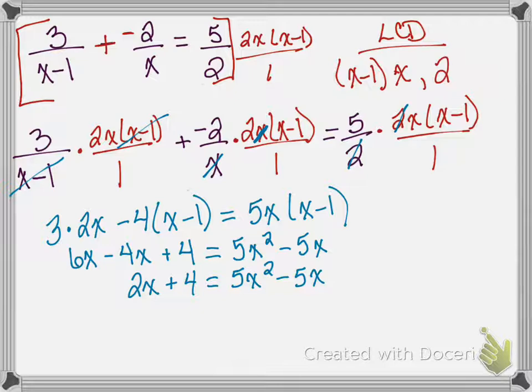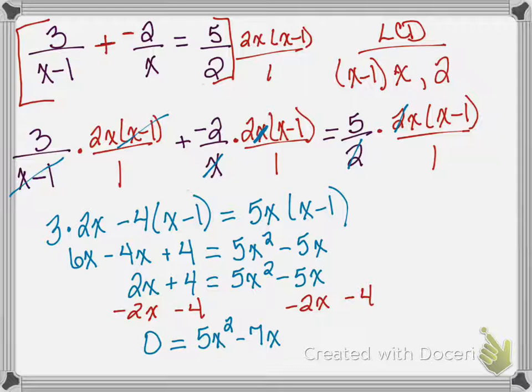I am going to subtract 2x from both sides. What else am I going to subtract from both sides? The 4. Okay. So, I am left with 0 equals 5x squared minus 7x minus 4.